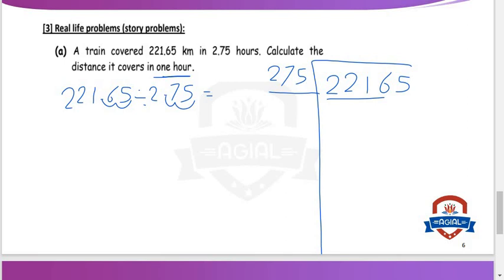2,216 divided by 275. What will we try? This is a very big number.